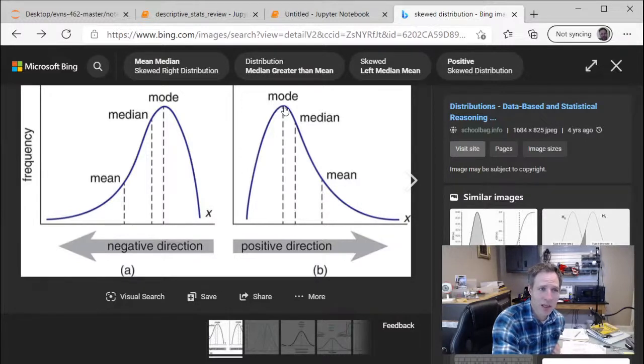The mode is the most frequent value, but if you're thinking about binning values, the most frequent bin is going to be at the peak of the distribution in a histogram. Okay, so you should know these relationships between mean, median, and mode, just qualitatively, not quantitatively. If you see a distribution and it's skewed, you should know how that skew affects these measures of central tendency.